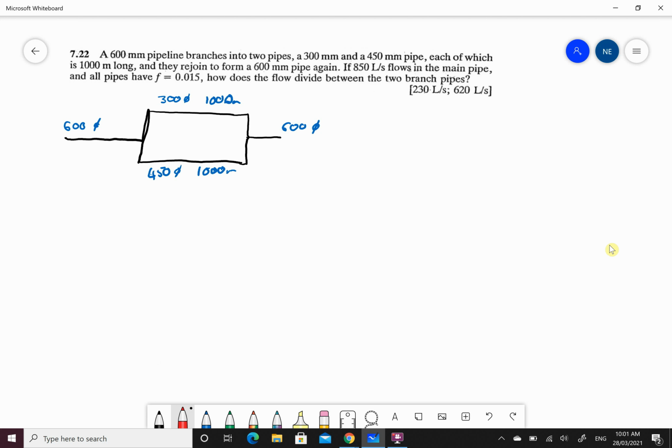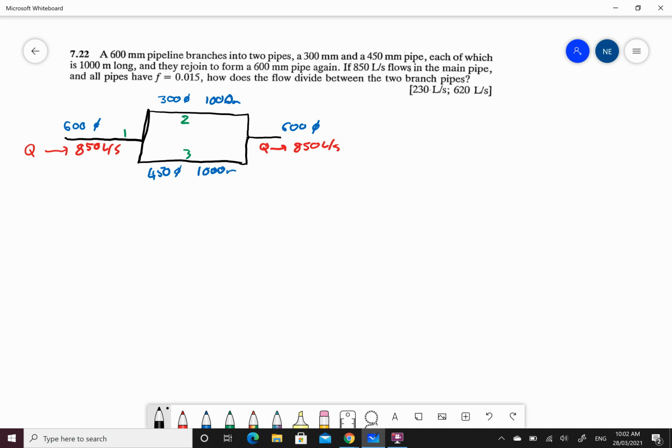So I know my Q coming in is 850 litres per second. I also know my Q going out, because we can't lose flow, is 850 litres per second. So pipe 1, 2, 3.